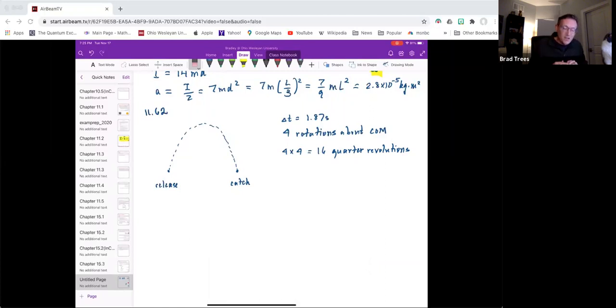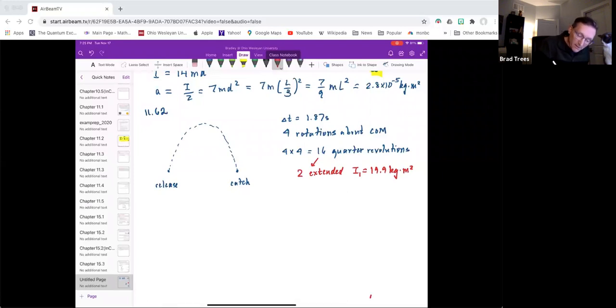Out of those 16 quarter revolutions, 2 of them are in the extended orientation with the larger rotational inertia because the body is more like a straight line. And that I1 is 19.9 kilogram meter squared.